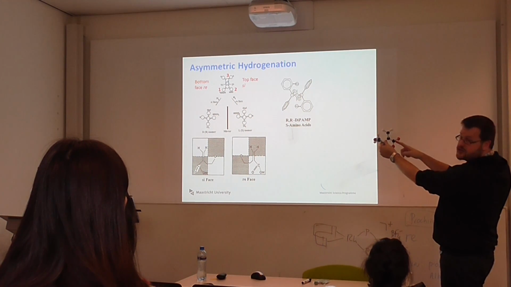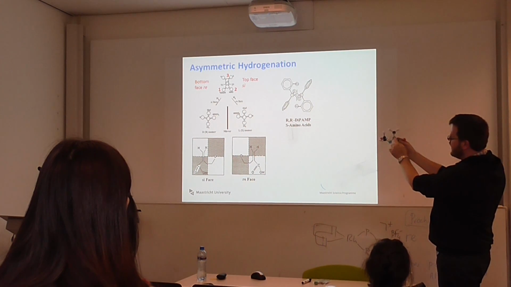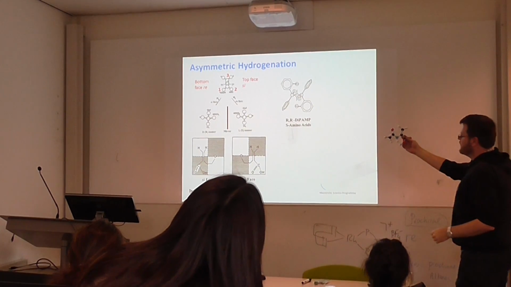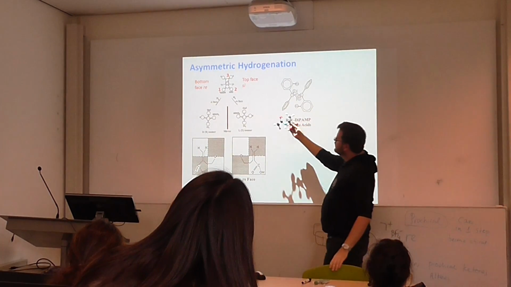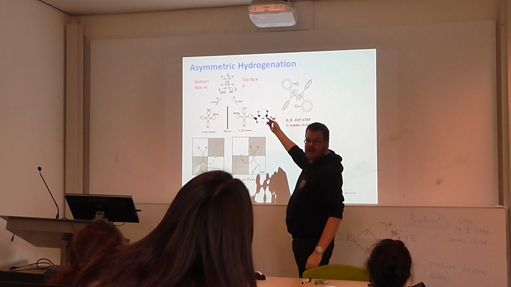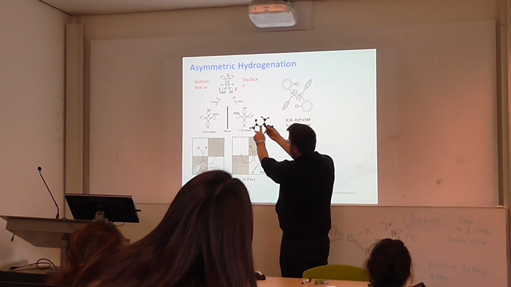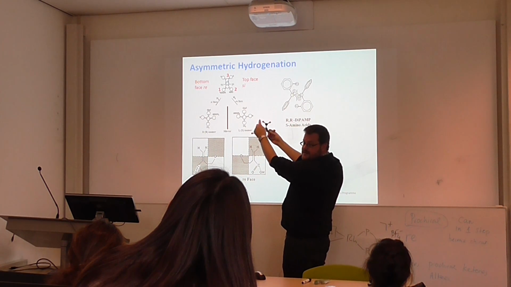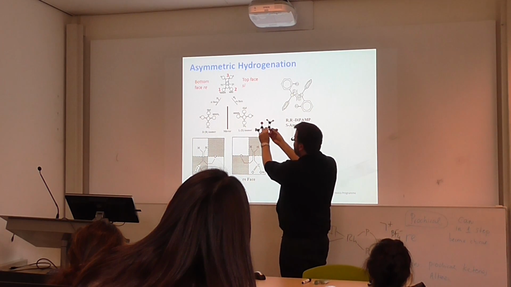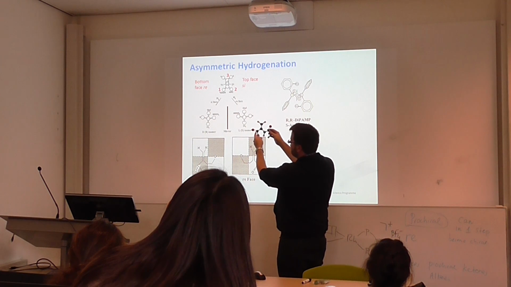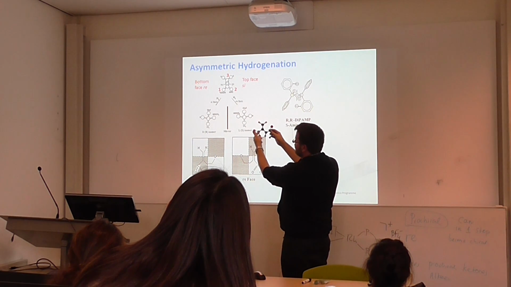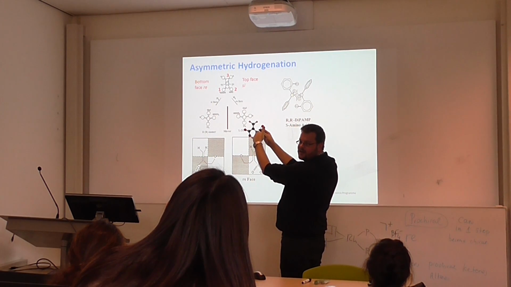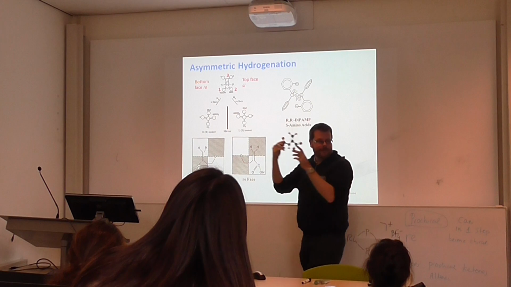Here's the COOH group, and here is the NH with a ketone. There it is. Now, as I've represented it here, the top face is the Si face, because first priority, second priority, third priority, anti-clockwise, Si. If I flip it around, first priority, second priority, third priority, clockwise, Re and Si, okay?